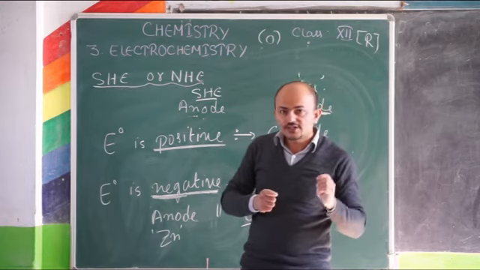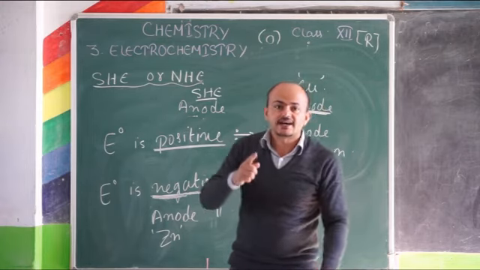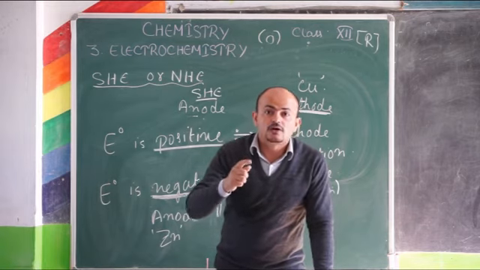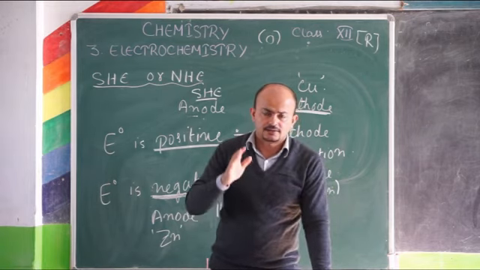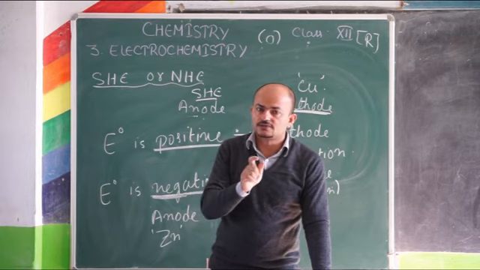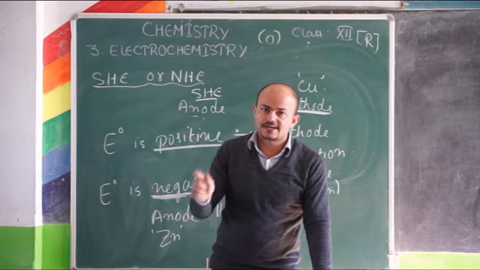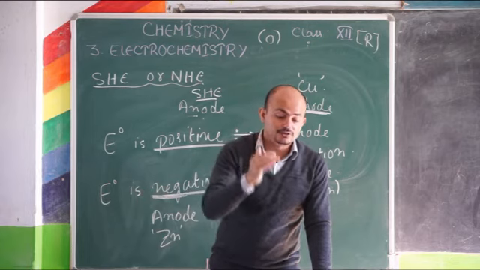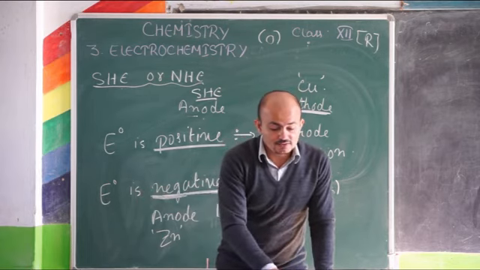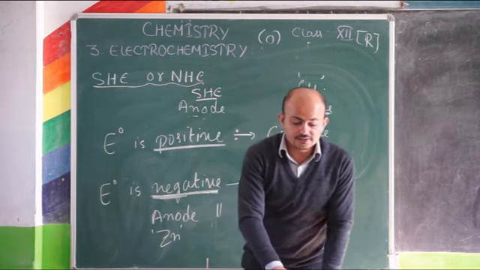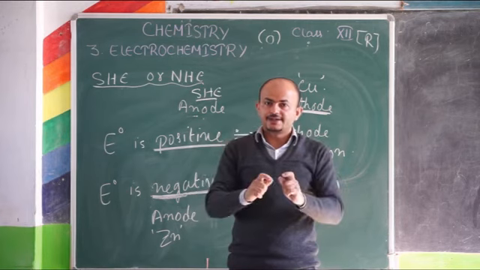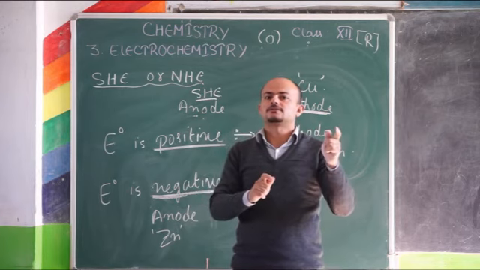If they are willing to give up the electron, they are acting as what? Strong oxidizing agent. If you keep this in your mind, you will be able to tell which one will act as anode and which one will act as cathode from these standard reduction potential values. So remember: more negative, they are willing to give up the electron.